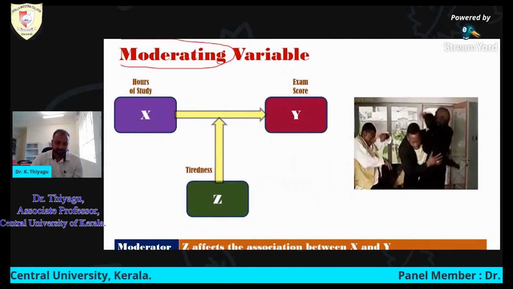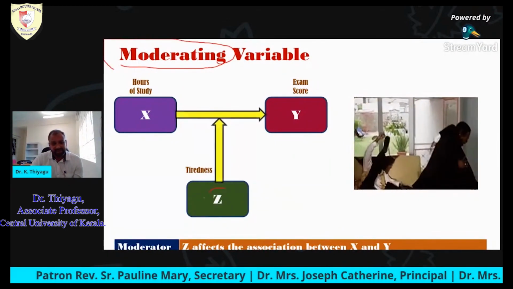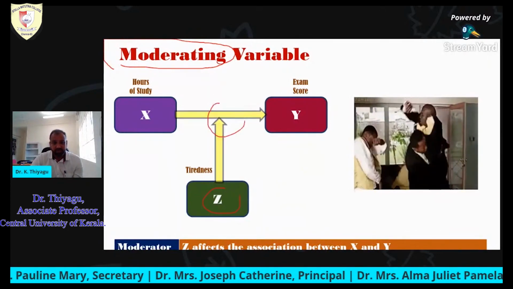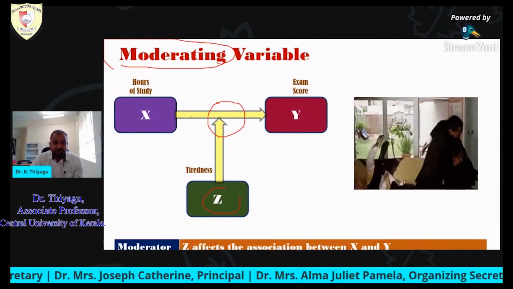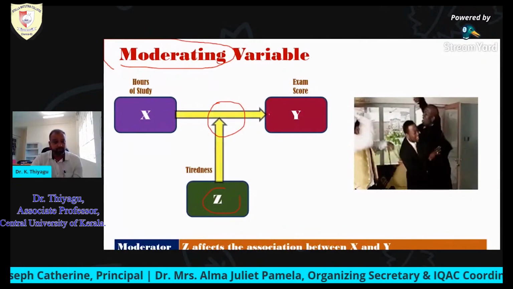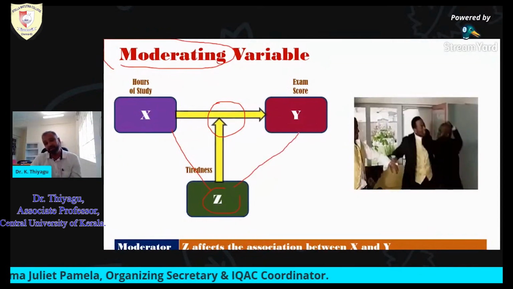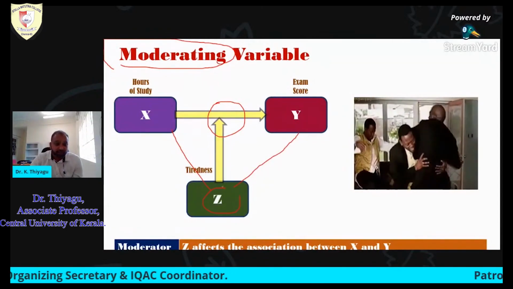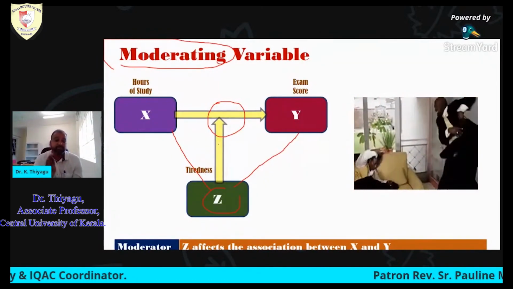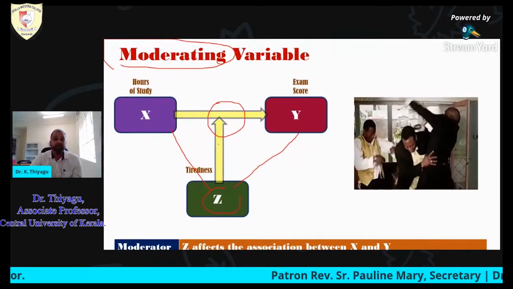What is a moderator? Here Z acts in a moderator role. It may affect the association of X and Y. It won't directly influence X, or directly influence Y. It may affect the influence, the association of X and Y only.